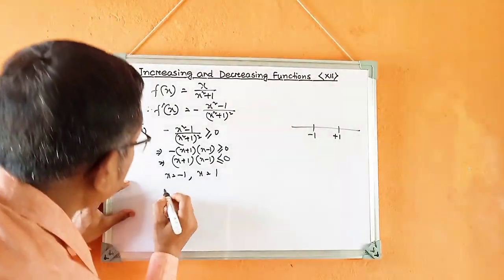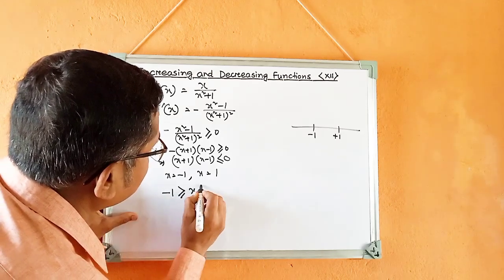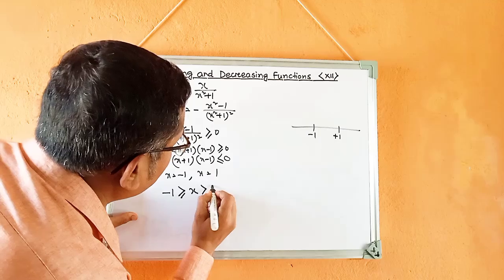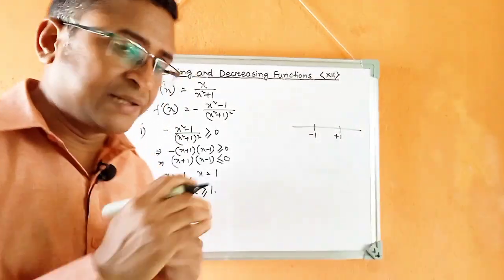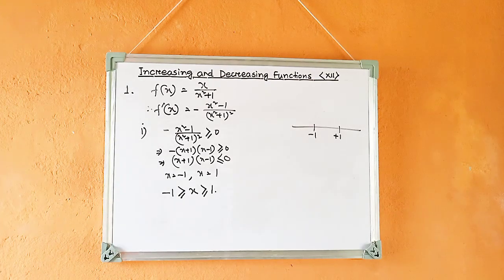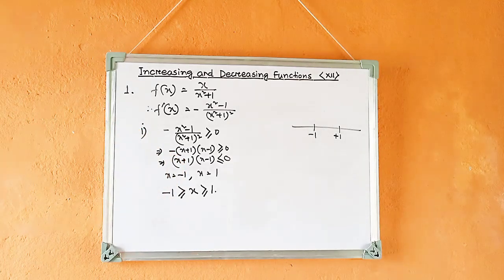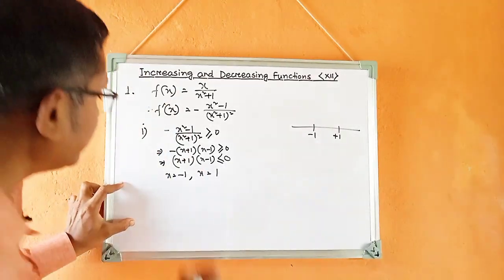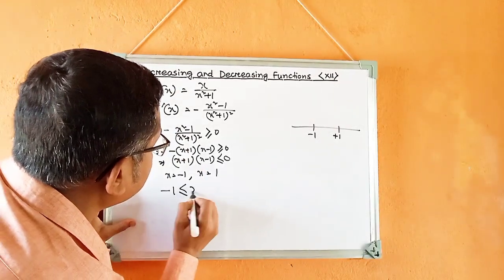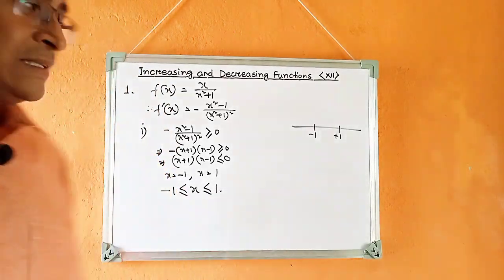In case of increasing function, the value of x is between minus 1 and 1. Sorry, the sign is reversed. In case of increasing function, the range is minus 1 less than equal to x less than equal to 1. See carefully, this is the increasing function.